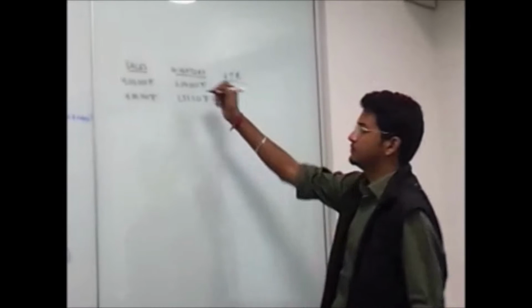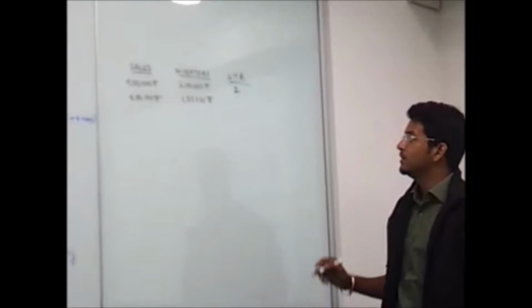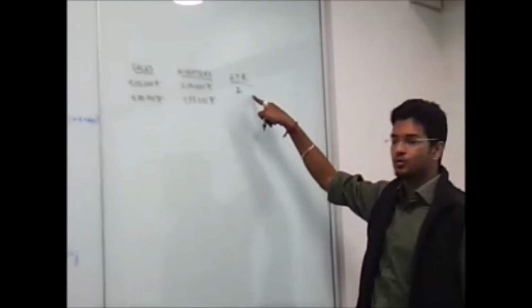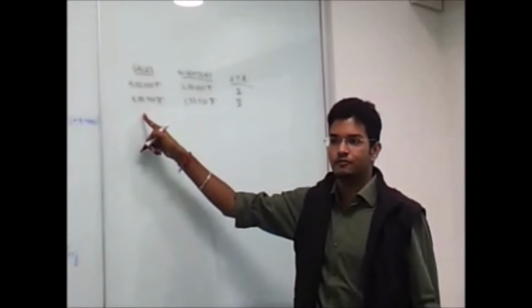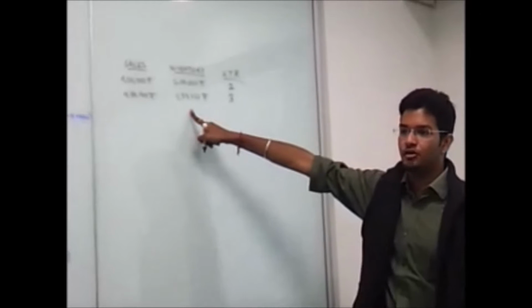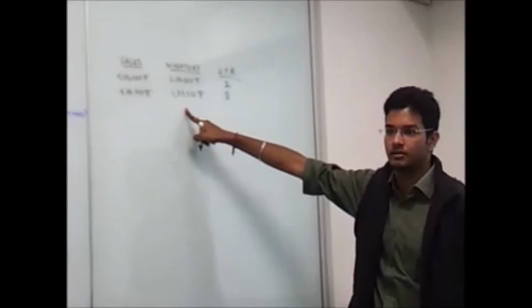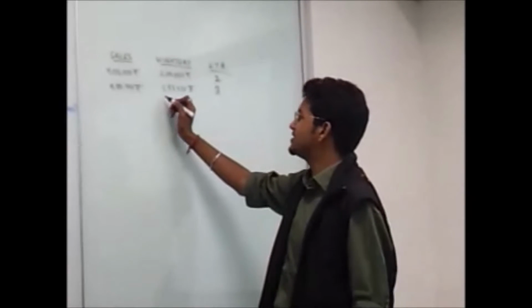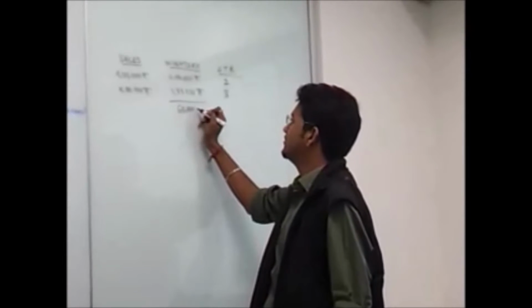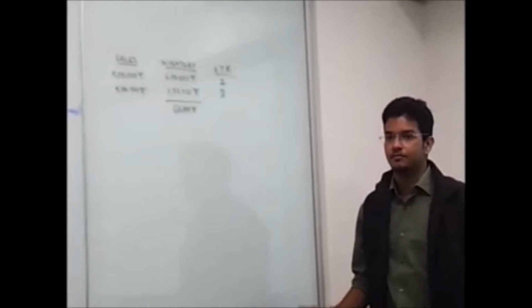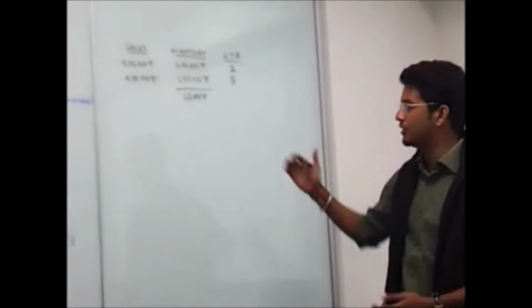But if you improve this to 3, then you can achieve the same sales of 4 lakh with just an inventory of 1,33,333 rupees, which means you are saving approximately 67,000 odd rupees of inventory. You don't have to spend that. You save this money on inventory and get the same sales, and obviously it translates to more profit.